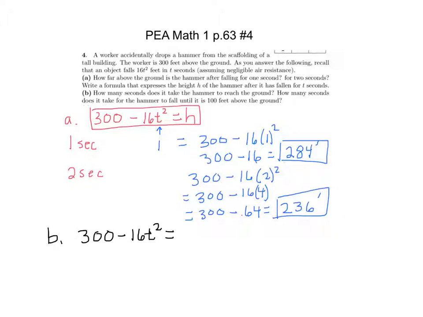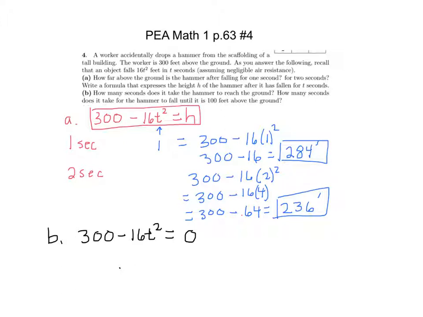Now the number here is how high it is off the ground. So if we want to know how many seconds it takes for the hammer to reach the ground, the height of the ground is 0. And if we solve that, that will give us our time, t, solve that for t.